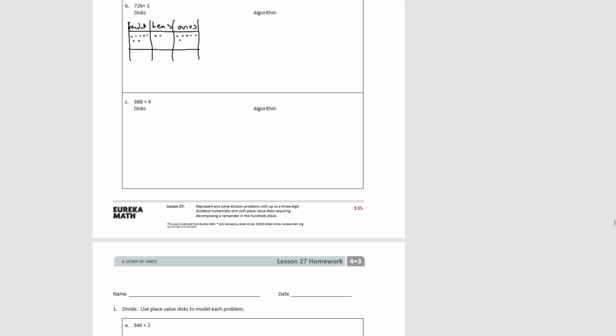We have 3 groups. We have 7 hundreds in 3 groups, so we can put 2 hundreds in each group. That leaves us with 1 hundred that we're going to decompose into 10 tens.